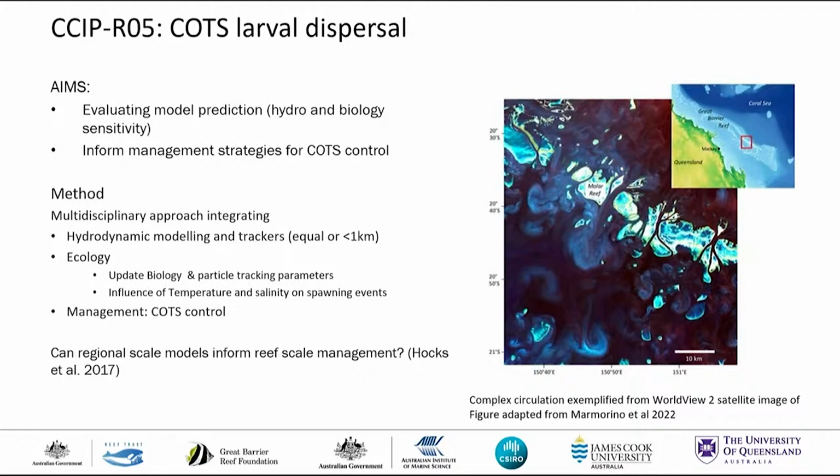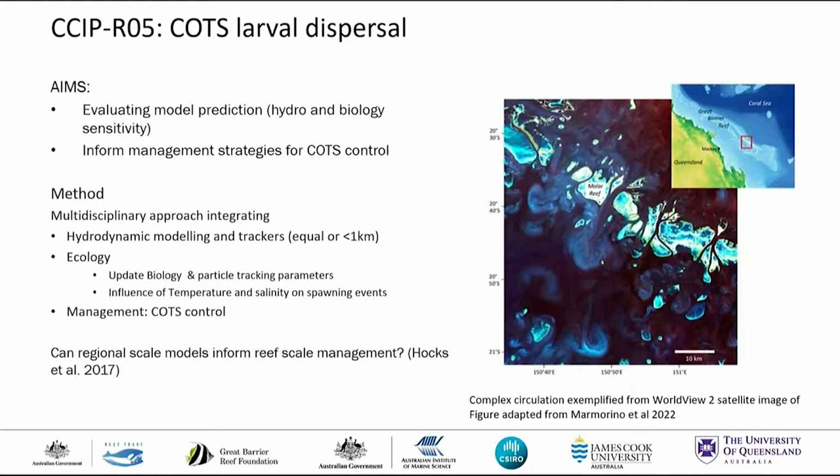The method that we used was to get a bunch of people together, key experts in their fields, in hydrodynamic modeling and trackers, but we also got a lot of ecology and biology, because we needed to integrate the knowledge that has been developed in the last few years. We also looked at how other ecosystem drivers such as temperature and salinity could affect what's happening in our system.